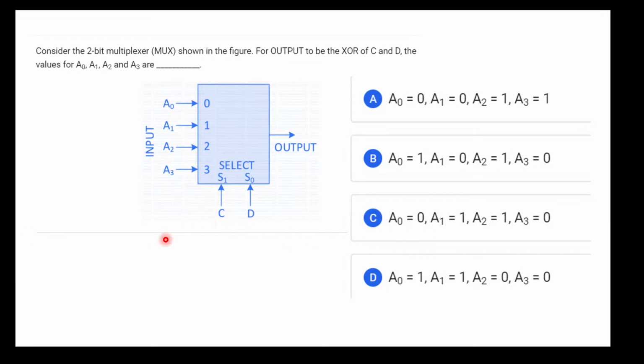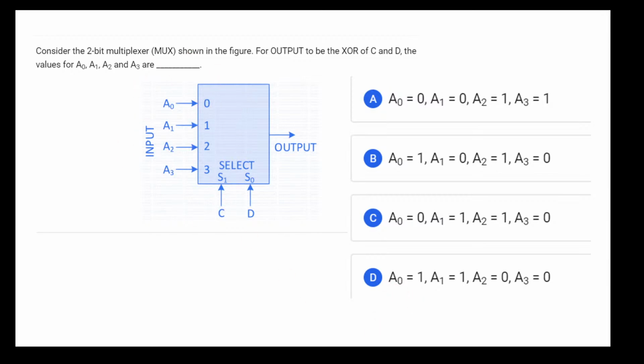So now let's look at the solution of our question. The question says: consider a 2-bit multiplexer shown in the figure. For the output to be C XOR D, the values of A0, A1, A2 should be dash.